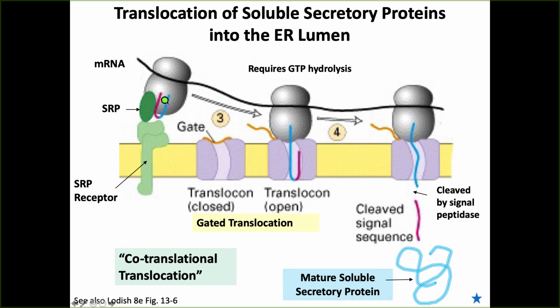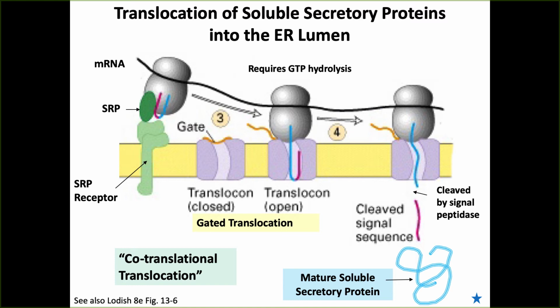Upon the signal sequence binding to the translocon, it's going to move the signal sequence inside the translocon lumen, or the channel, and the gate is open. So now the protein is moving towards this channel, and as it moves, the signal peptidase, which is present in the groove or very close, is going to cleave the signal sequence, and the secretory protein is going to be delivered inside the lumen. So that's the process of this transfer.